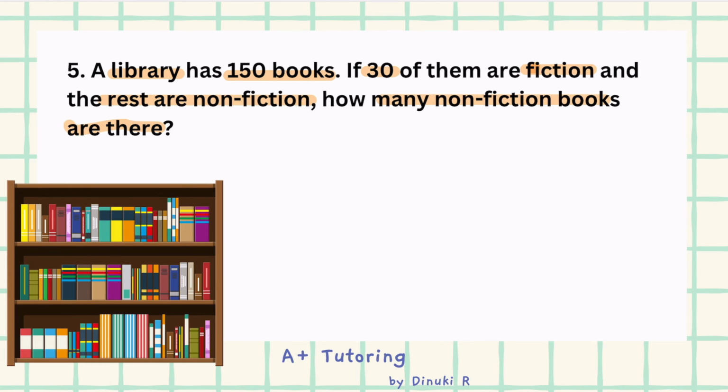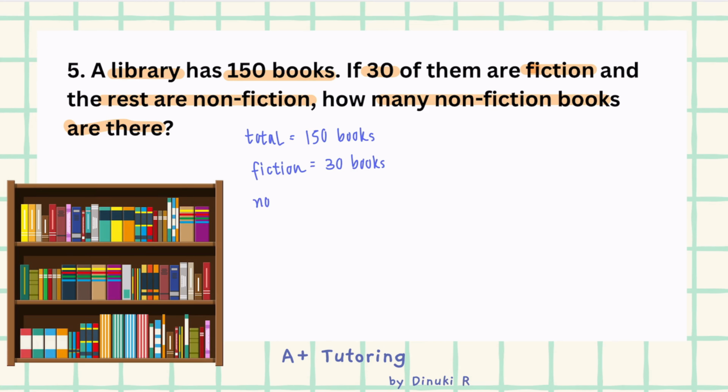Okay, where are we? We're in a library and we know that the library has 150 books in total, yeah? What do we know? We know that we've got fiction and non-fiction books, right? We know that we've got how many fiction? We know we've got 30 books.